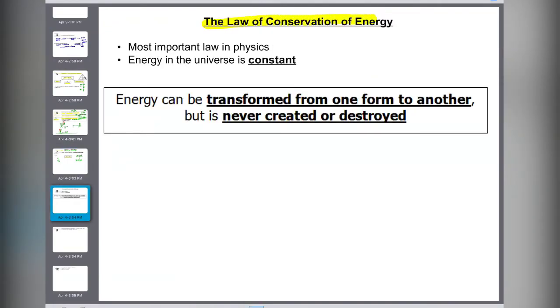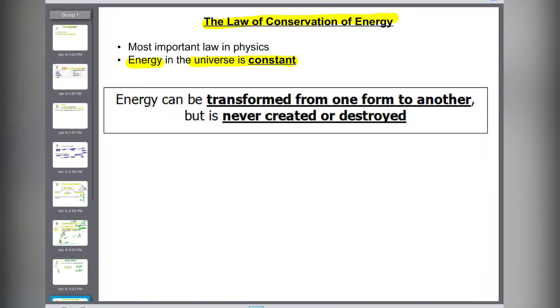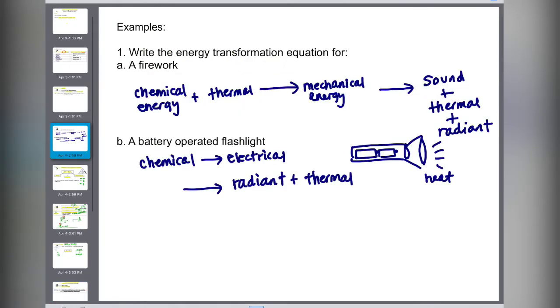All right, finally, there's the law of conservation of energy, and it's a law that we use in physics all the time. It basically says that all the energy in the universe is constant. Like the energy equation we were writing, we didn't get the light from the flashlight for free.